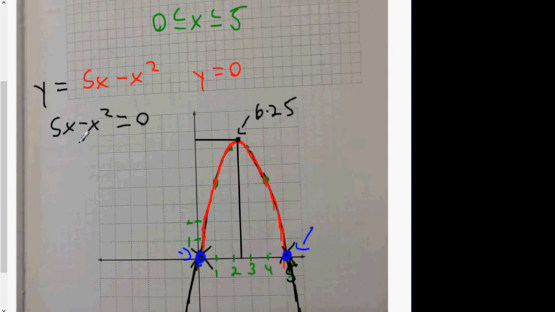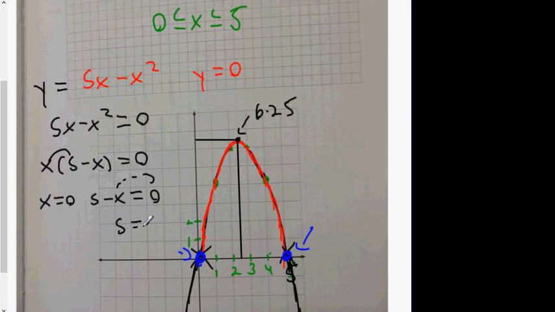X. Okay, so we have x and 5 minus x equals 0. You multiply this out, you solve that then, and you get x equals 0 and 5 minus x equals 0. Do you remember type 2 equation? Then you move the x over to the other side, and what happens? 5 equals x. And there are your two roots, isn't it?